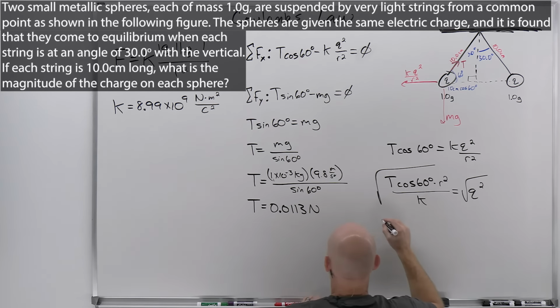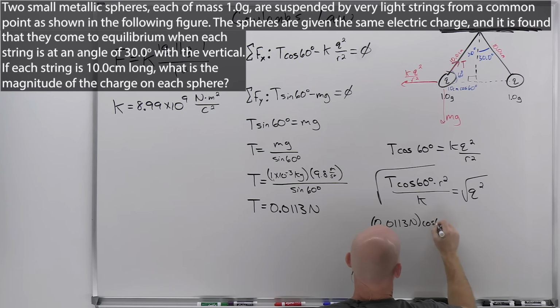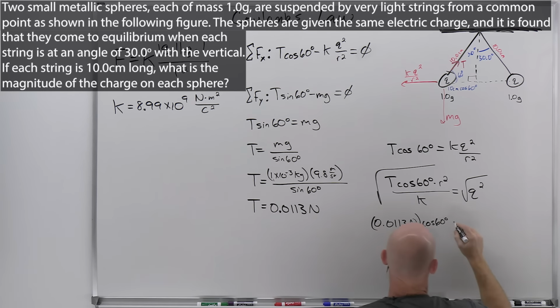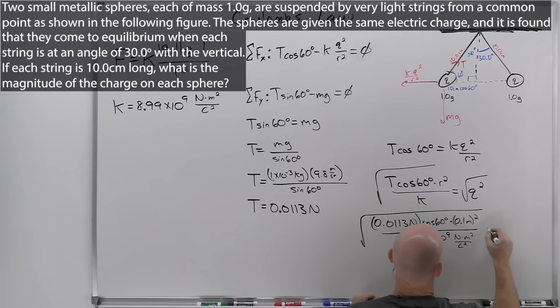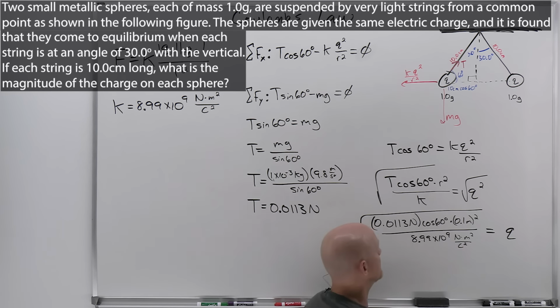So that tension was again 0.0113 newtons times cosine of 60, which happens again to equal 1/2, times the distance of separation squared, and 10 centimeters is 0.1 meters. Don't forget to square it. And then all over K, 8.99 times 10 to the 9th newton meters squared per coulomb squared. Then we'll take the square root to get Q here.